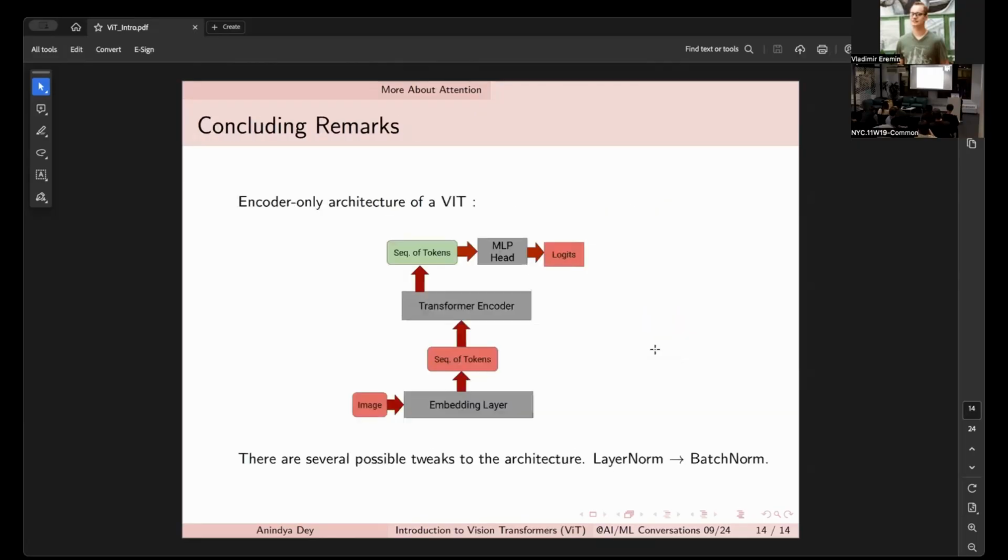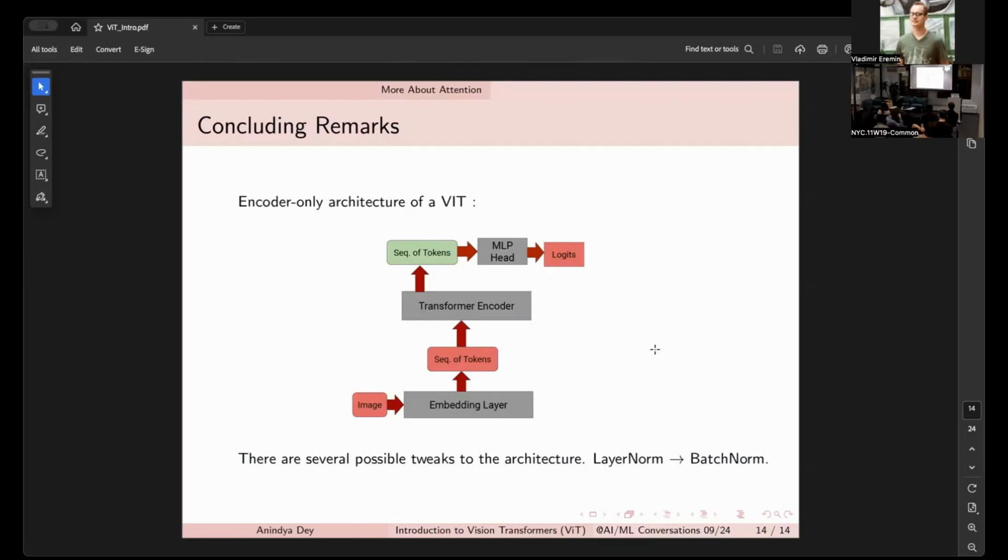Okay, so I'll just conclude with the main takeaway points. What I described is an encoder-only architecture, which does classification tasks in computer vision, and we discussed the different parts. Now there are several possible tweaks to the architecture, as Vlad was pointing out. You can try to couple them with convolutional layers and so on.